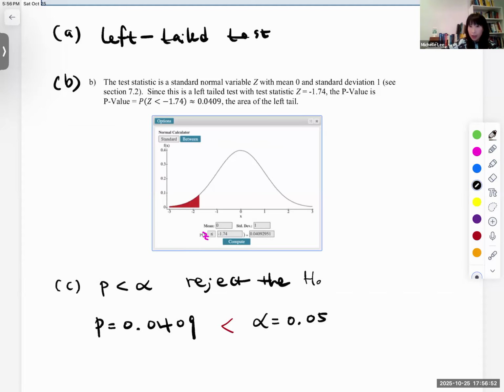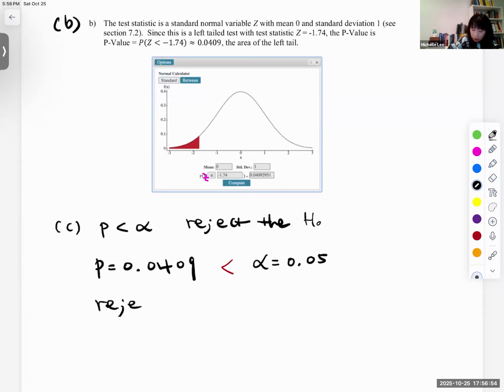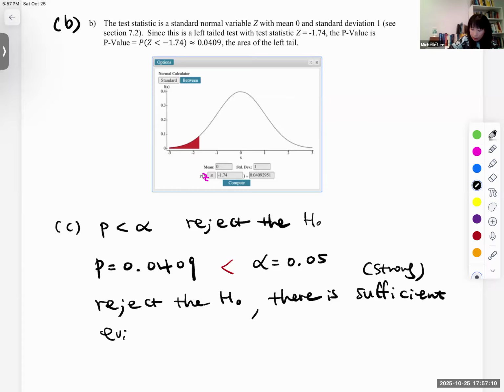So we do reject the null hypothesis, which means there is sufficient or strong evidence to support the alternative hypothesis.